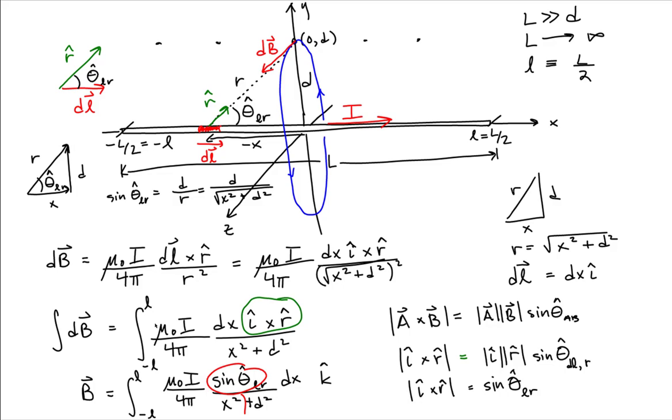Now, that's not true for a finite length wire. For a finite length wire, the magnetic field, let's say, immediately above the left end at a distance d, will be different than the magnetic field above the center of the wire. So by saying it's a very long wire, we are saying that the distance from the point to the wire is much, much less than the length of the wire.